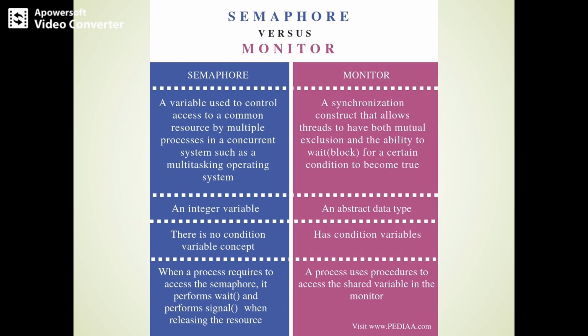There are a lot of security issues, but here access to the monitor can be gained only with the help of the appropriate entry and exit code. So these are the basic differences between semaphores versus monitors.